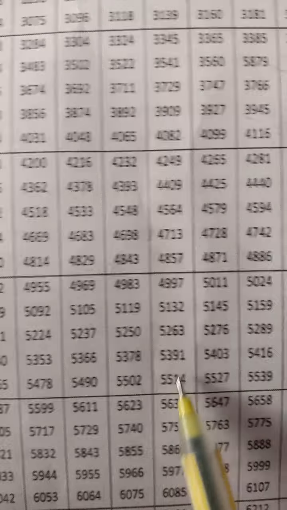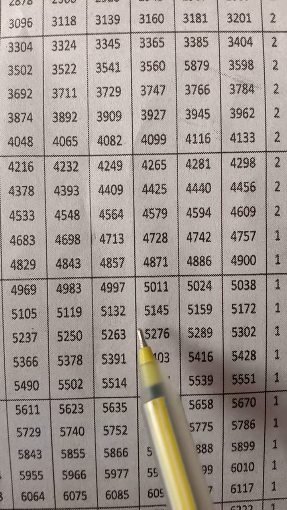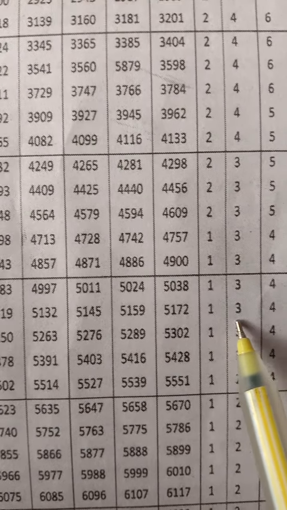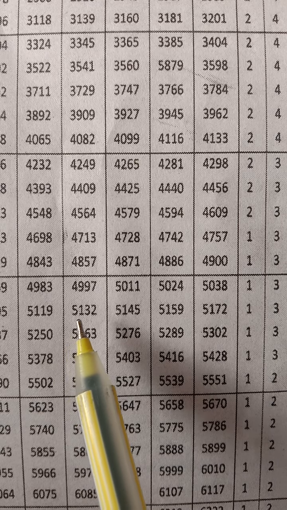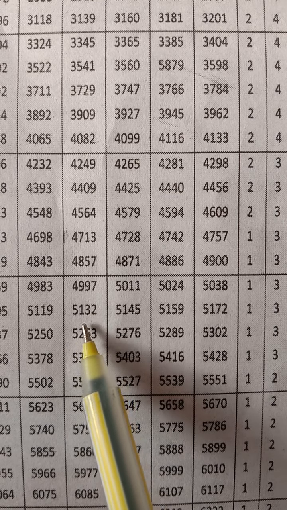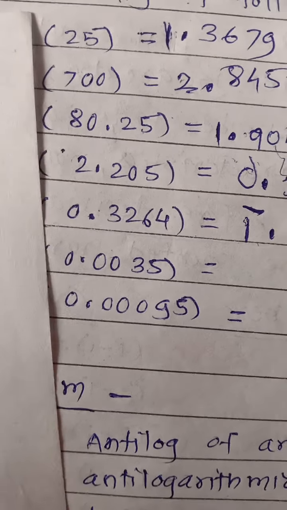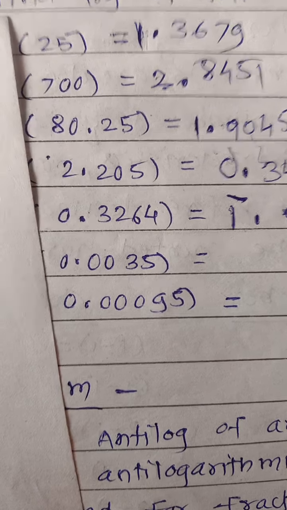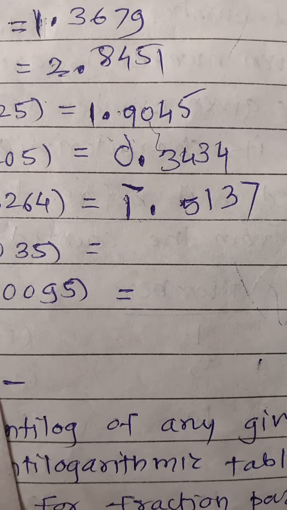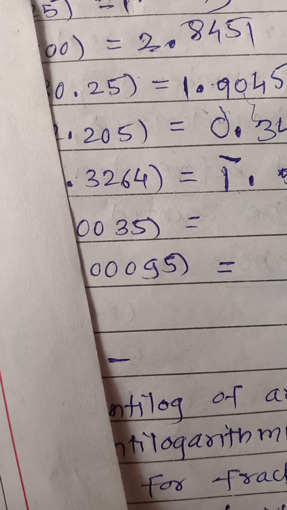And then for this 5132, the mean difference from the 4th column is 5. So we have to add 5 here, it will become 5137. So in this way we will get 5137 with bar 1. That will be the log of this given number.